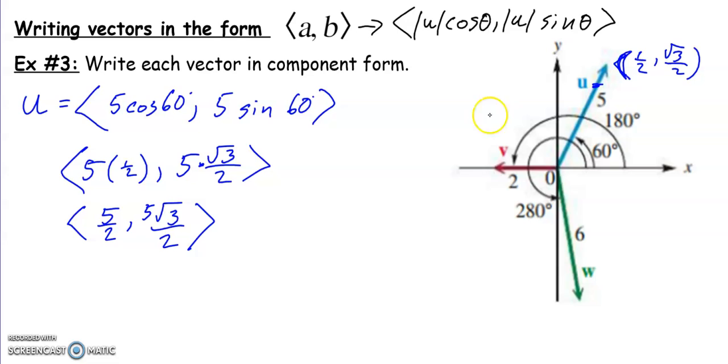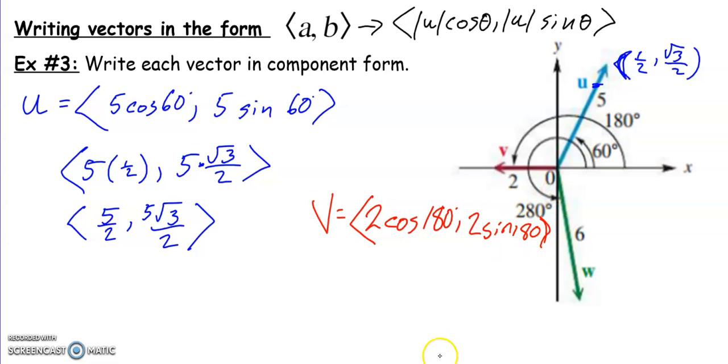Now let's find the component form of vector V. It's in red. So again, V is going to be the magnitude of the vector times the cosine of the angle, and the magnitude of the vector times the sine of the angle. Sorry that I'm bleeding into the picture.